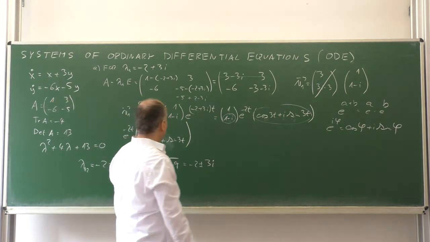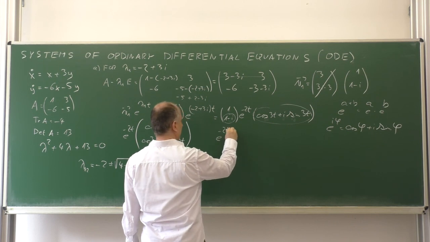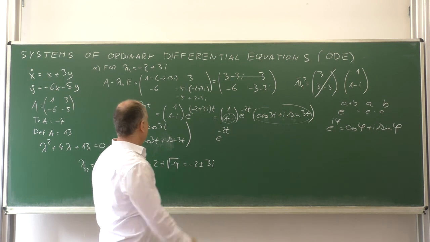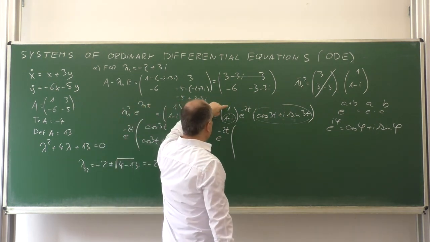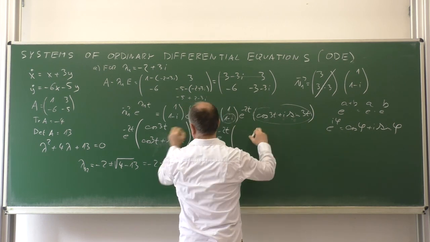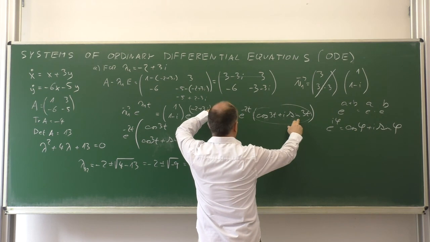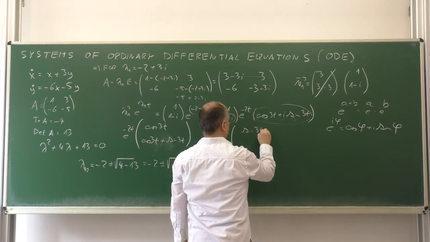Now let's consider the imaginary part. e to the minus 2t will be everywhere. And the imaginary part in the first component: 1 times cosine is real, that's already here, and 1 times i sine gives the imaginary part, namely sine 3t.